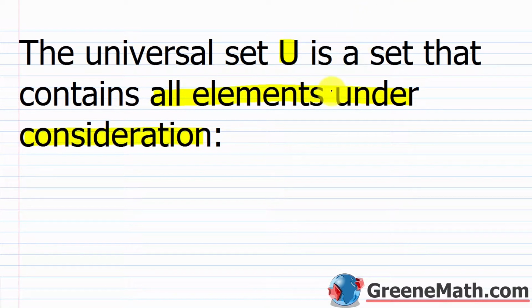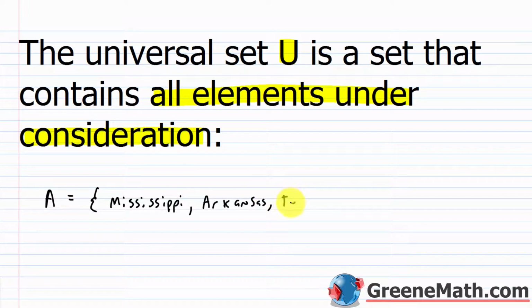Now, if we're talking again about the states that border Louisiana, let's name this as set A. So set A has the elements that fit this profile where they're states that border Louisiana. So we already know that this would be Mississippi. We know it would be Arkansas. And we know that it would be Texas. Okay, so 3 elements in this set.